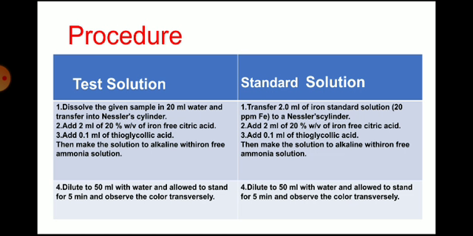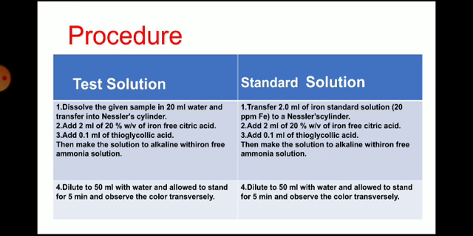The procedure, as we saw previously: the same test solution and standard solution are prepared and added to the Nessler cylinder. Add 20% weight by volume of iron-free citric acid. After that add the thioglycolic acid.